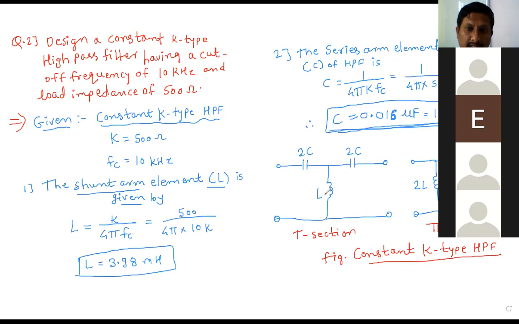So values you can mention. L is simply 3.98 millihenry. C value is here 0.016 microfarad. What about 2C and 2L? 0.032, that is for 2C. 0.032 microfarad, that is the value of 2C.